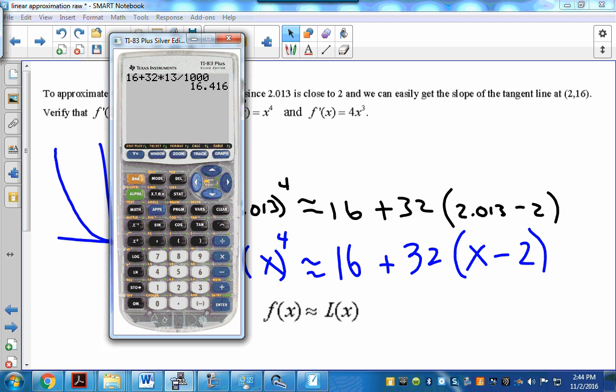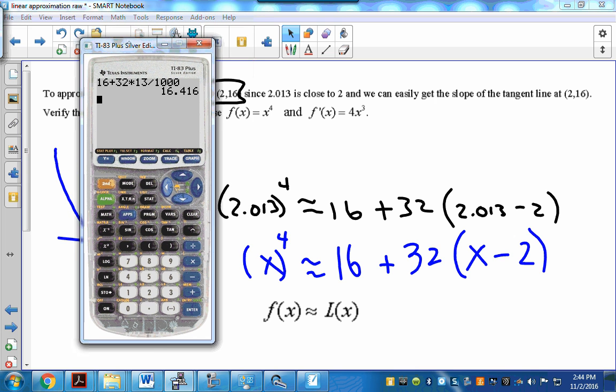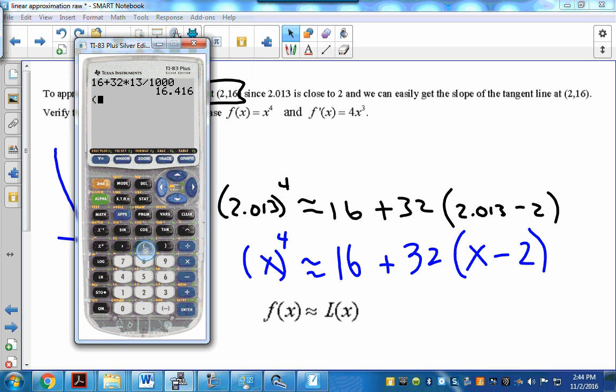And if I say, well, why are you doing this, Bosque? Because you can just punch 2.013 and raise it to the 4th power. I get that. Am I close? Too big or too small? A little bit too small, right? This is 16.416. It's supposed to be 16.420. Okay, so that's a typical tangent line application.